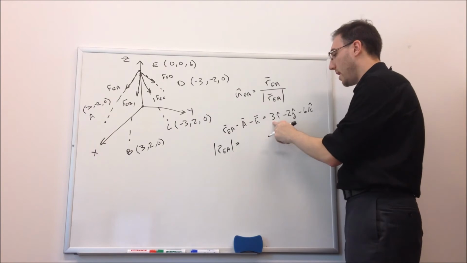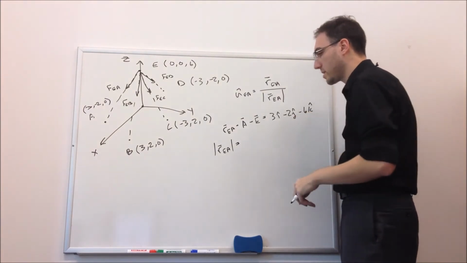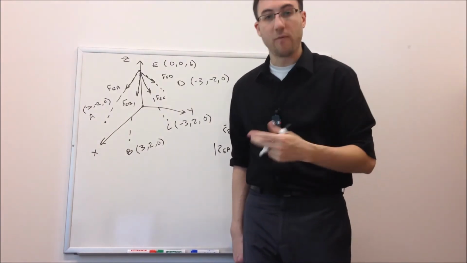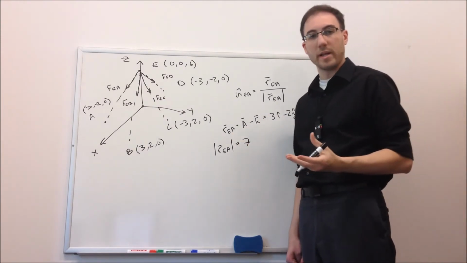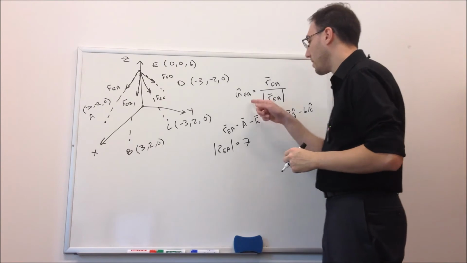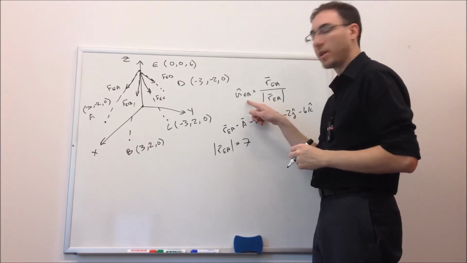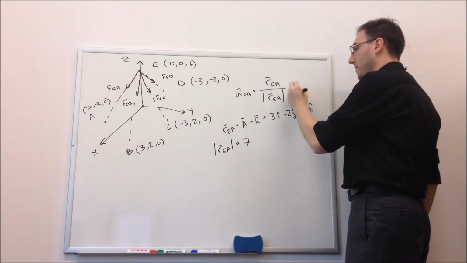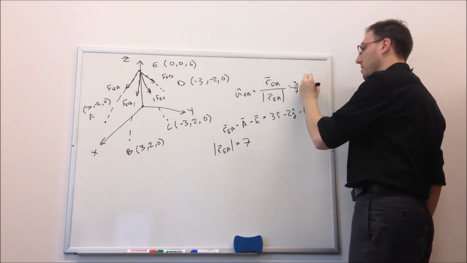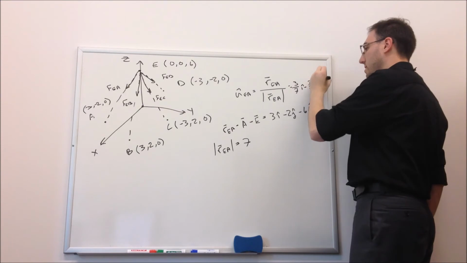So the square root of 9 plus 4 plus 36 is 49. The square root of 49 is 7, so it works out to be a nice round number here. Therefore the unit vector is each of these terms divided by 7: 3/7 i minus 2/7 j minus 6/7 k.